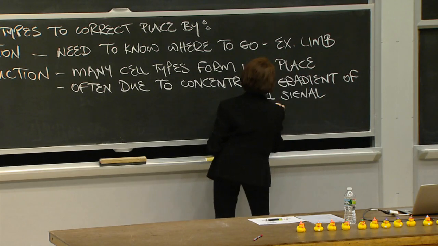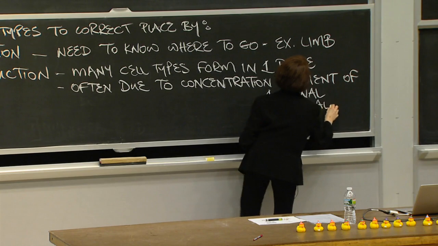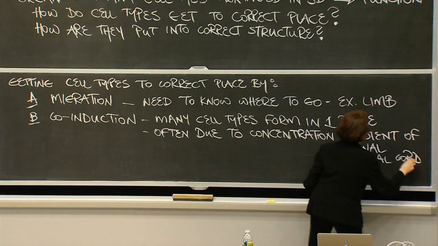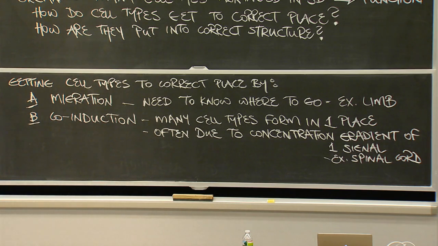And the great example of this is the spinal cord and the nerves in the spinal cord, which arise by co-induction of actually about 2 different inducers. And the third one is called sequential induction.